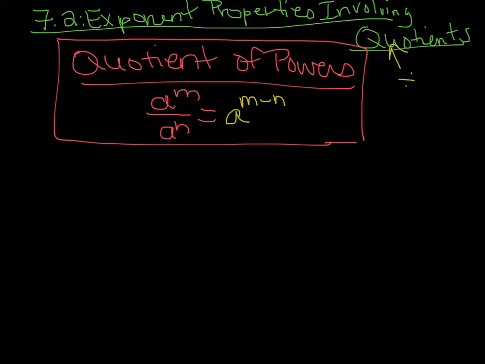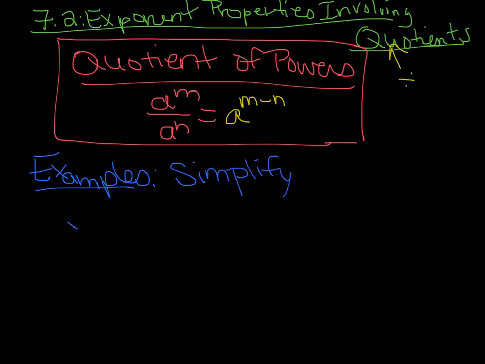So for our examples, I would like you to simplify. As with the previous section, you don't need to solve them. And if you feel good already, you can just go ahead and work these problems out without paying attention to me. But it's up to you.